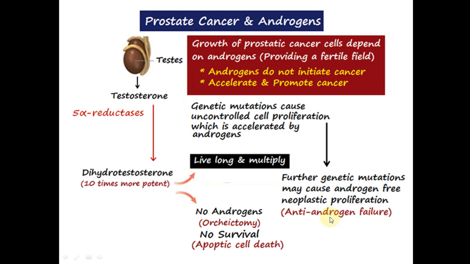This is because the additional genetic mutations make the prostatic cells unresponsive to the effect of the androgens, and at this stage the prostate cancer cells achieve automaticity, and without the androgens they proliferate and grow.